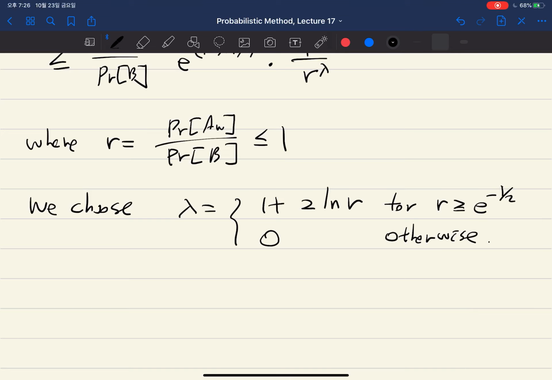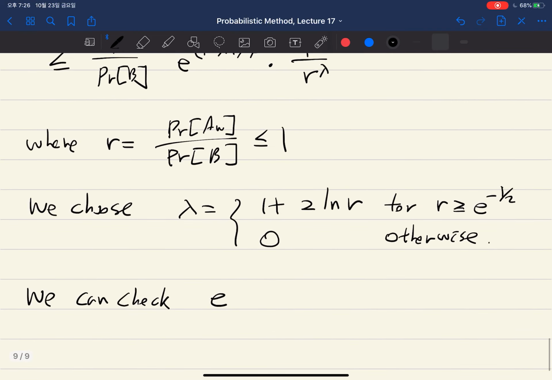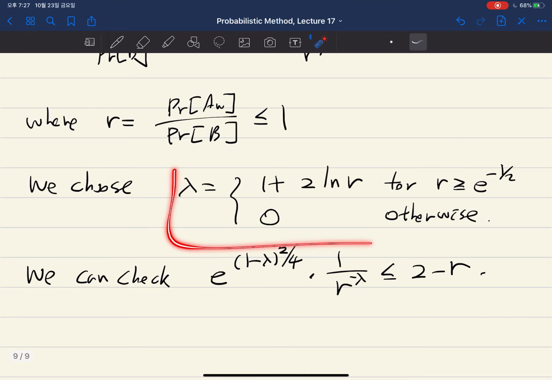This is just to optimize the expression. And by using some calculations, we can check that with this choice of lambda, this actually is at most 2 minus r.